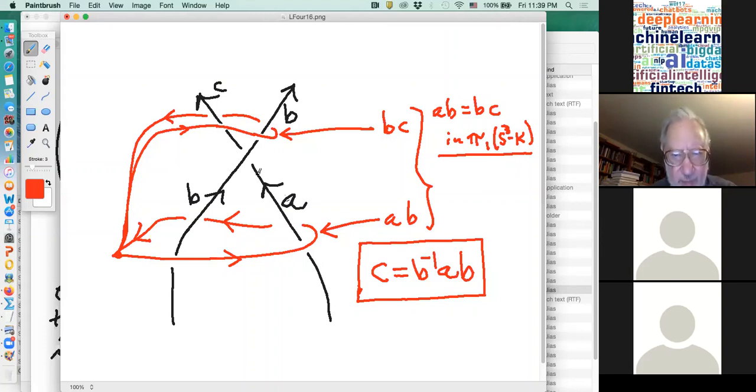So the fundamental group of the complement of the knot naturally is related to the quandle structure that we understood would be invariant.